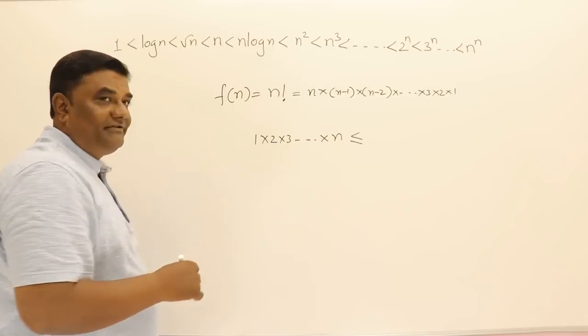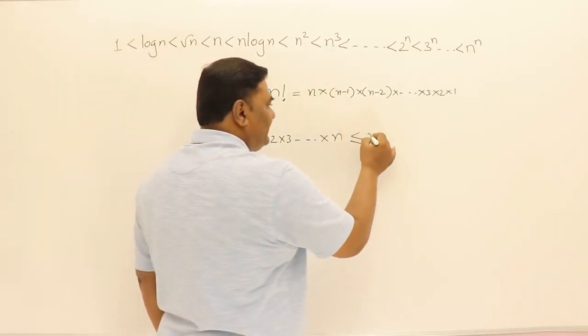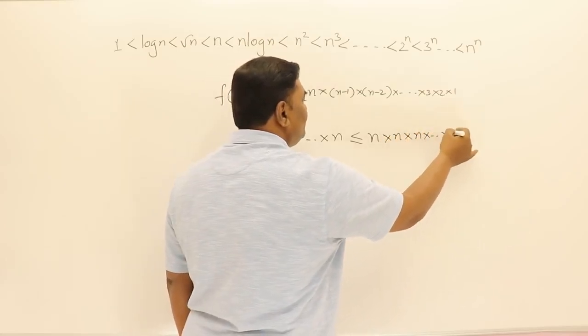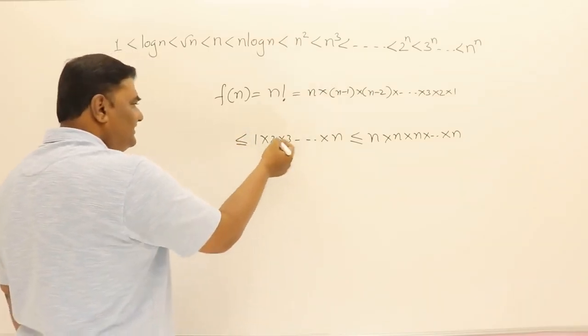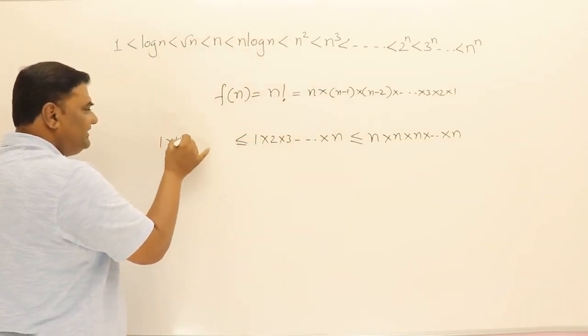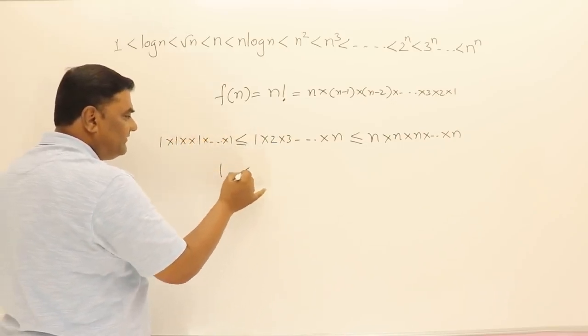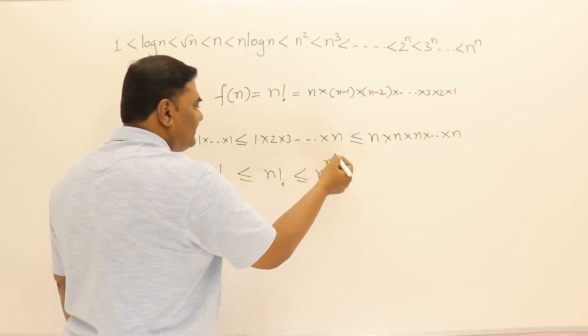As a practice, everything we were making as n. So here also I will make it n into n into n goes on to n. And this is greater than or equal to, as a practice, 1 into 1 into 1 goes on to 1. So this side I get 1, this is n factorial and this is n power n.